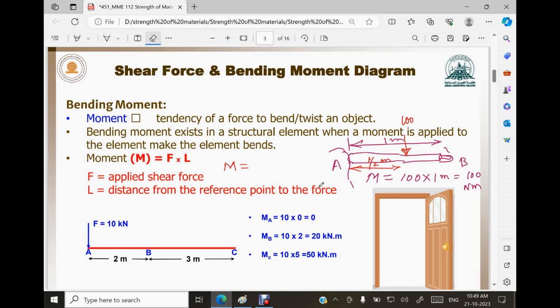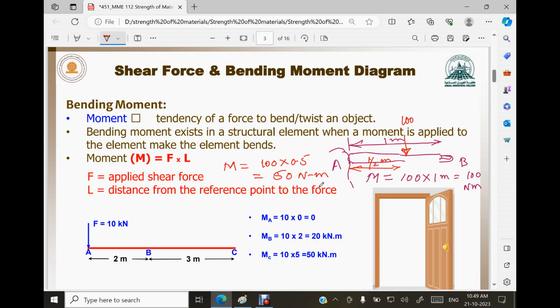I am shifting the force to this point. So the bending moment is equal to 100 multiplied by 0.5, which becomes 50 Newton meter. So the effect of bending moment changes from one place to another depending upon the distance of the force from the point where you want to take the bending moment.